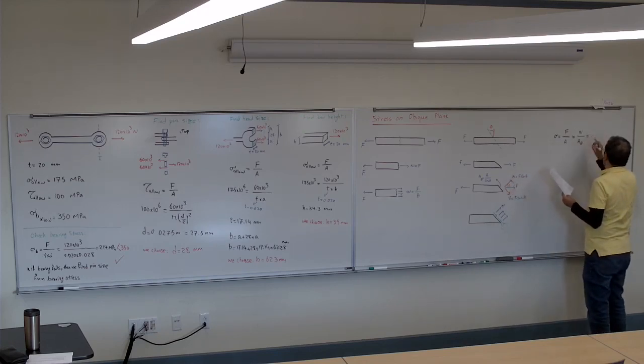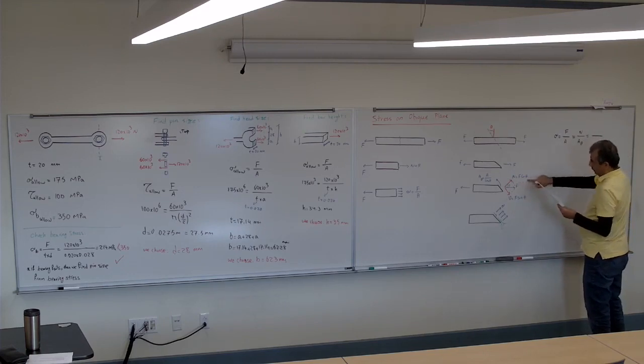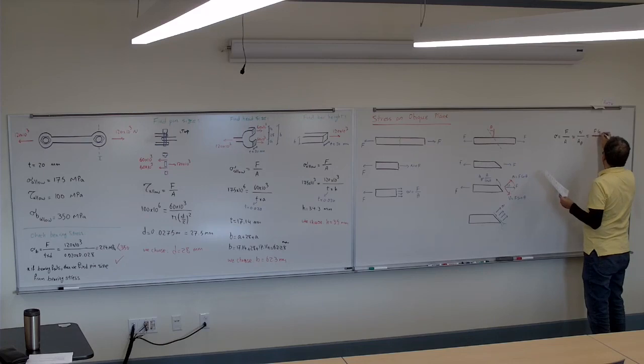The normal force is F cosine theta, and the area is A divided by cosine theta.